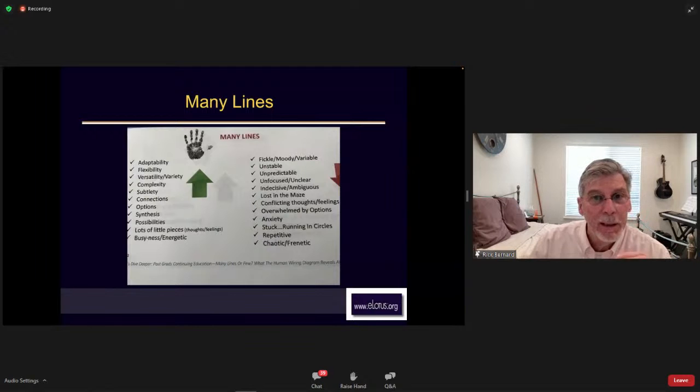The people that can do that are able to synthesize things, put things together, because they just have more angles and different ways to look at things. Where again, the earth type hand with no lines is very, very simple, not able to really synthesize things like a hand full of lines. And they're busy. They have a lot going on. Fire hands are busy.